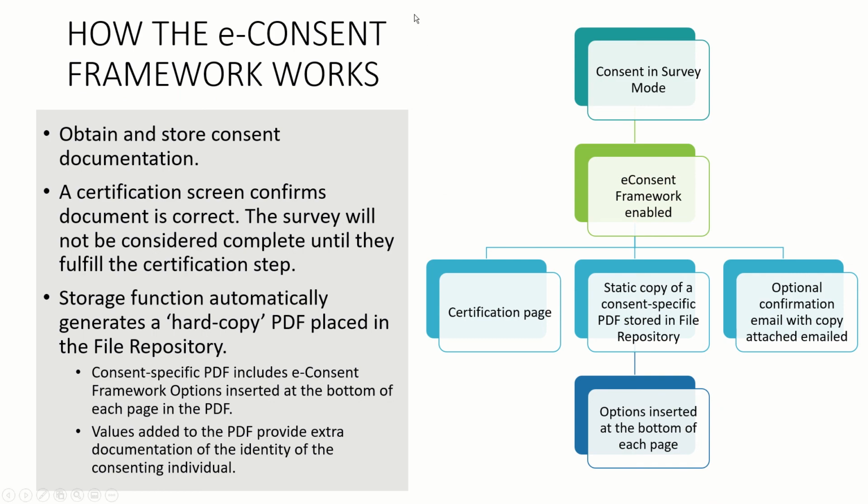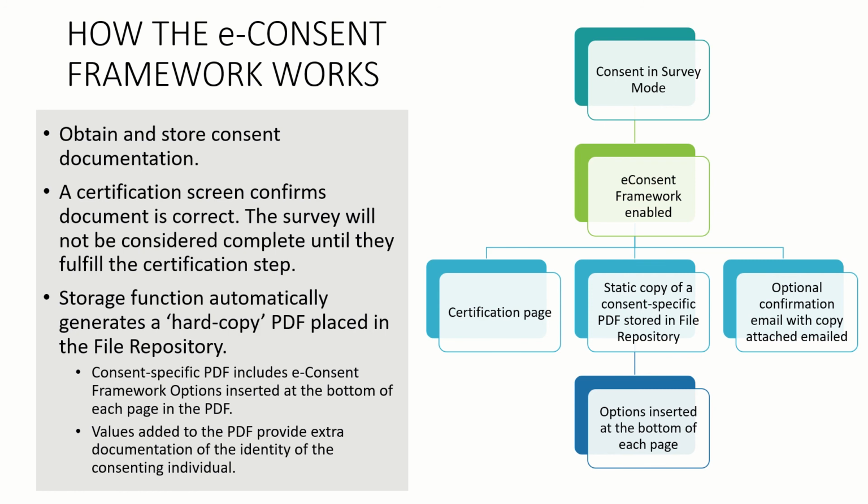So how does the eConsent framework work? Well, first you start by entering into the consent in the survey mode, not in the data form mode, but in the survey mode. And the eConsent framework must be enabled onto the instrument when that occurs.